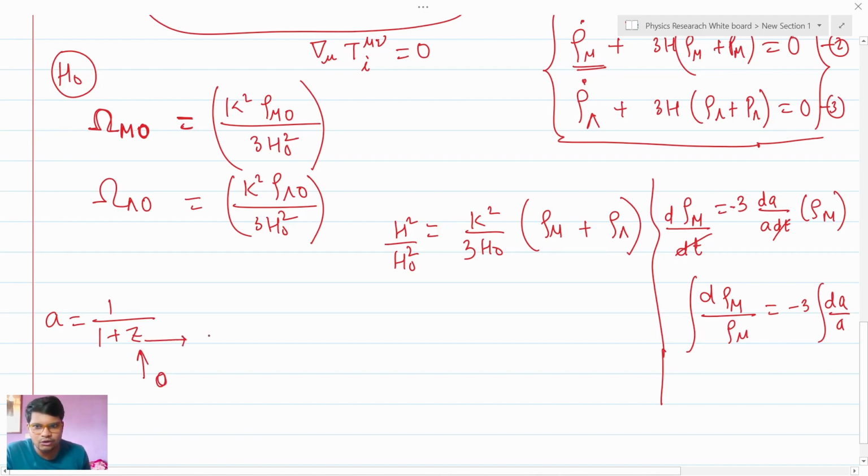And when you have Z equal to infinity, it means you are looking at the Big Bang. So when Z is increasing, A is decreasing, meaning A is going to 0. As you come towards Z equal to 0, A becomes 1, right? And if Z is equal to minus 1, it is the future epoch of the universe, correct? As we are looking back in time, Z will increase, so A will decrease.